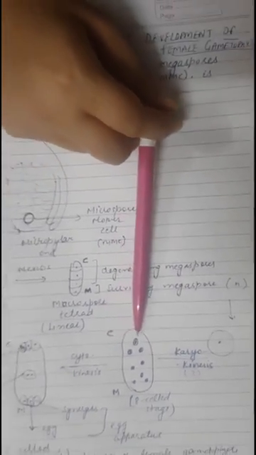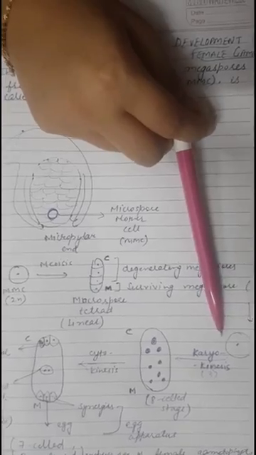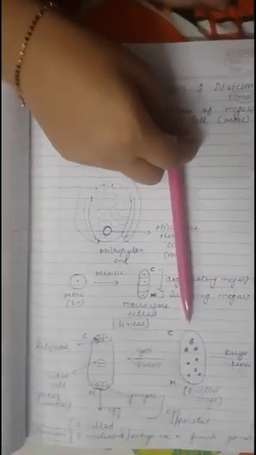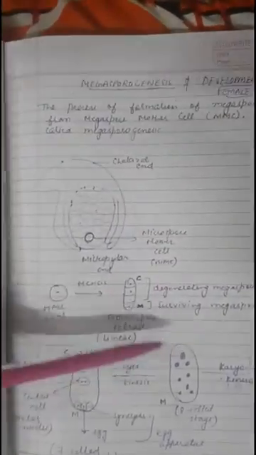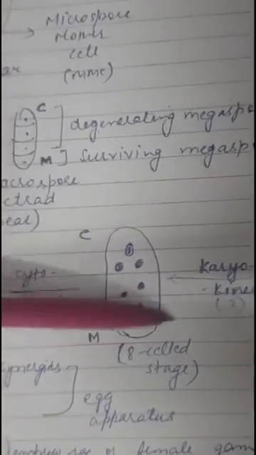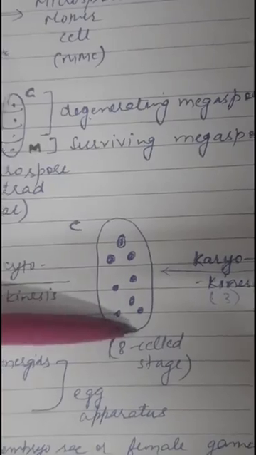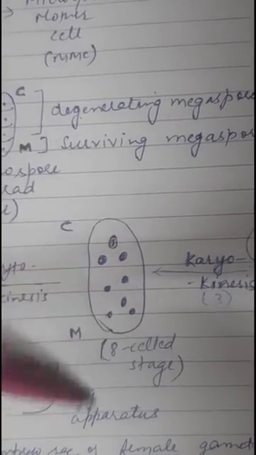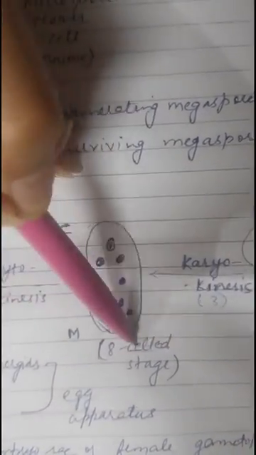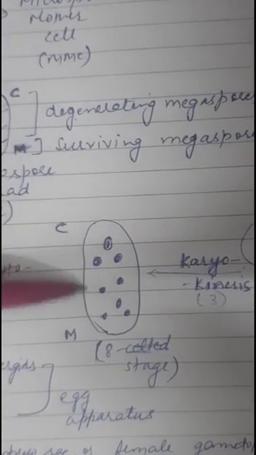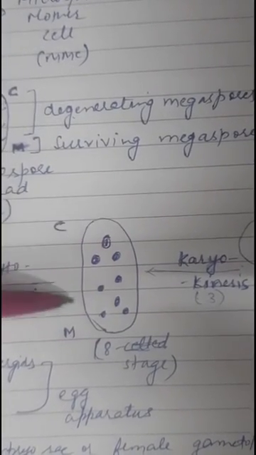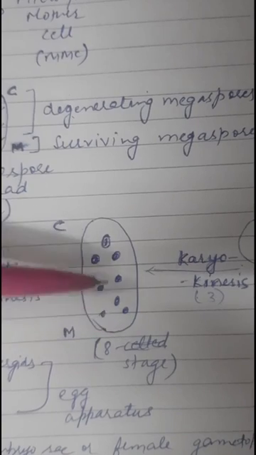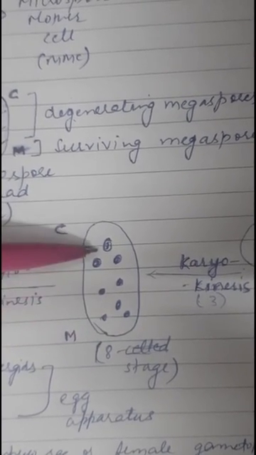So here you can see the structure. Now this macrospore has been converted into an oval shaped structure, and it has 8 nuclei in it, not cells. So this is an 8-nuclei stage where there is no cytoplasm around each nucleus.